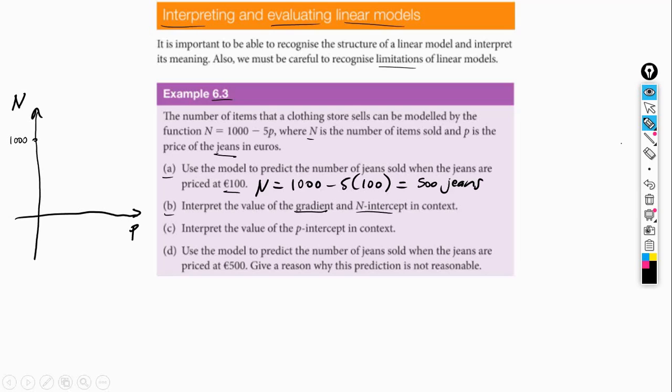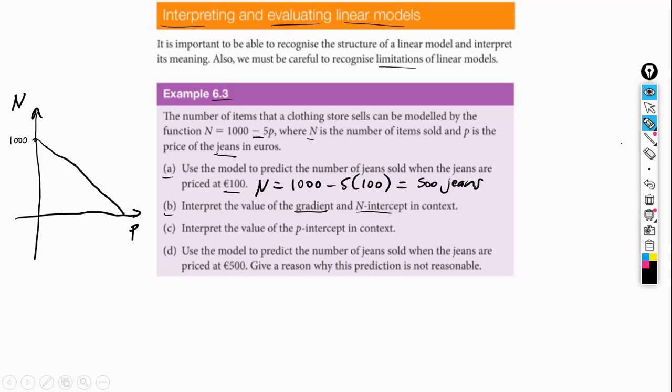And then gradually, because this is a negative number, this line would be decreasing, right? At a slow rate, but just for the sake of interpretation, we're going to draw it this way until it reaches a value of 0. So the gradient means that because it's negative, minus 5p, the more expensive the jeans, the less that will be sold, right?